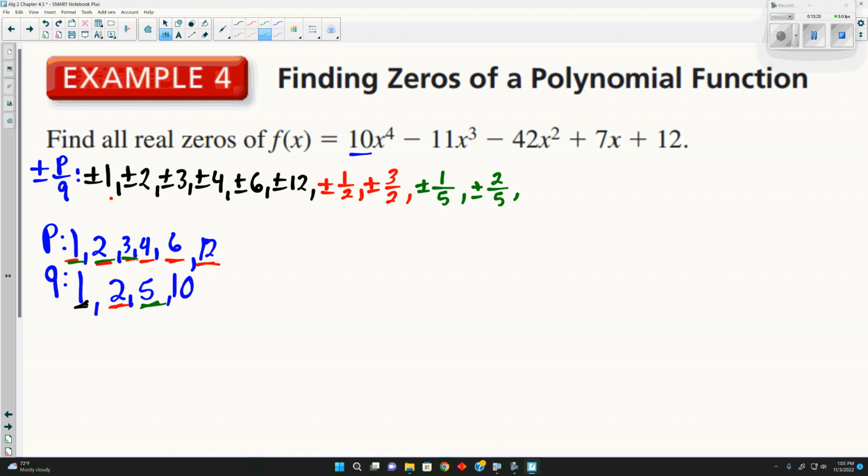And we do 3 divided by 5, plus or minus 3/5. Then you move to the next one, 4 divided by 5, plus or minus. Then we move to the next one, 6 divided by 5 is 6/5. And lastly, 12 divided by 5.